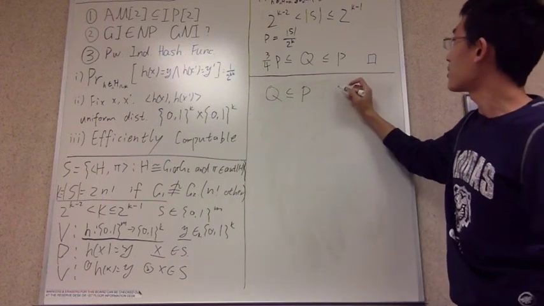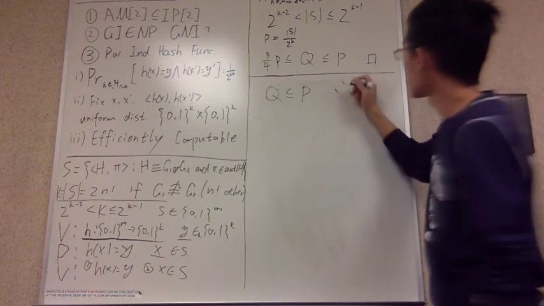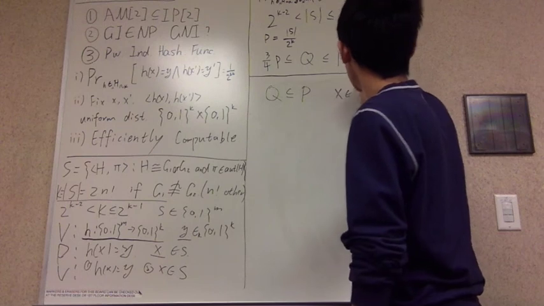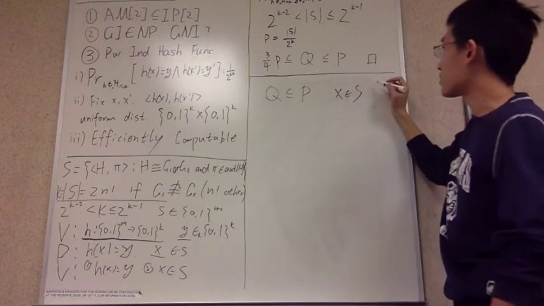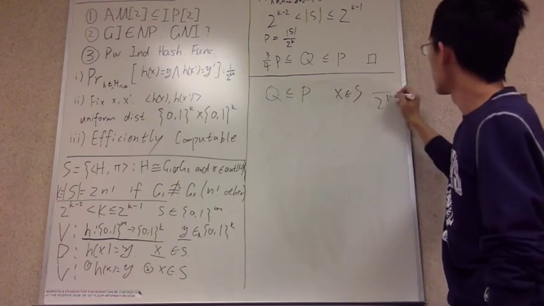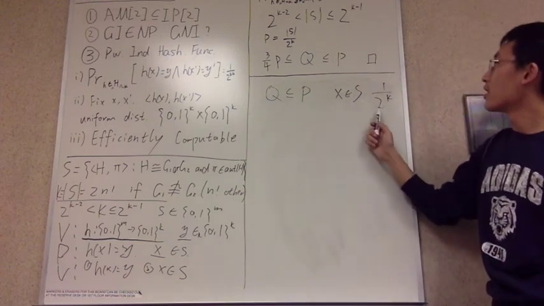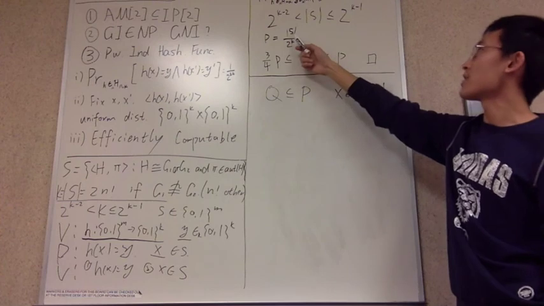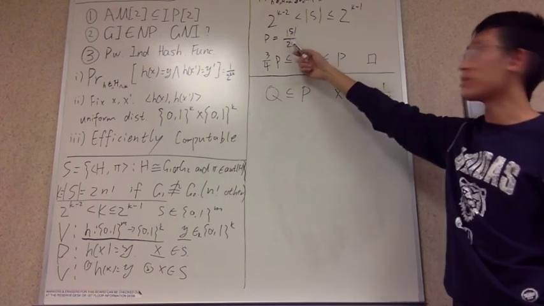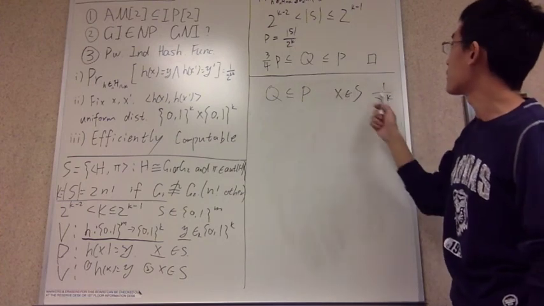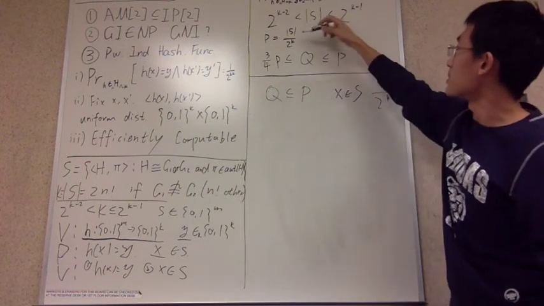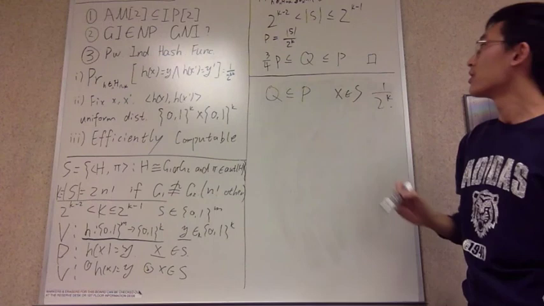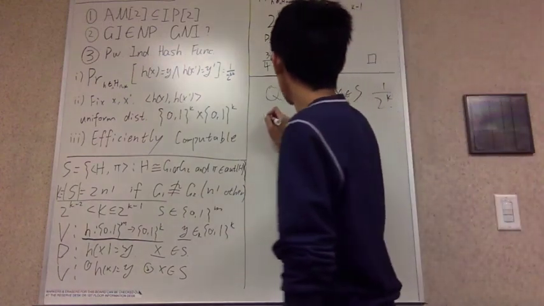So since S has at most the size of S elements, the probability of Q happening is at most this number times this number, which is P. So for the other side, we write Q in another way.